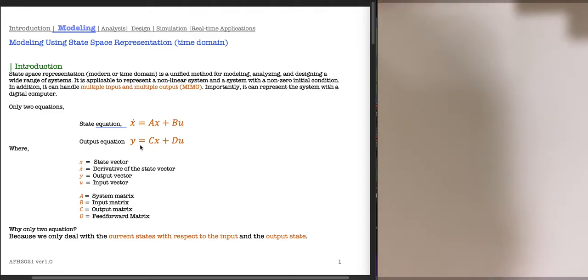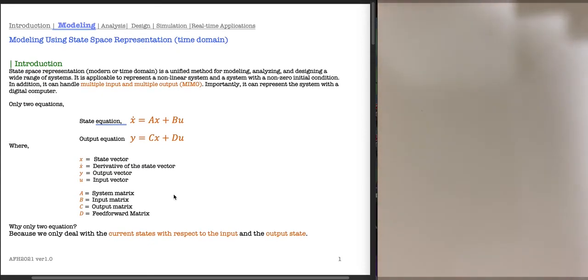For the output equation, we have y, the output vector, C the output matrix, x the state vector, D the feedforward matrix, and u the input vector. Why only two equations? Because we only deal with the current state with respect to the input and the output state.